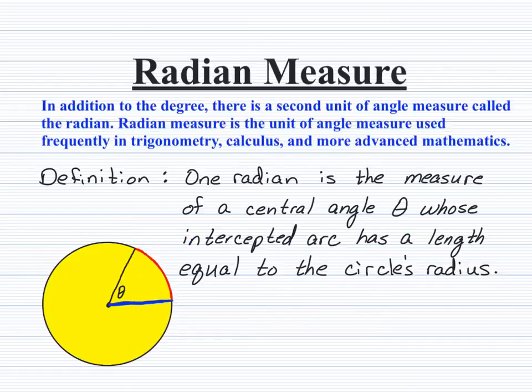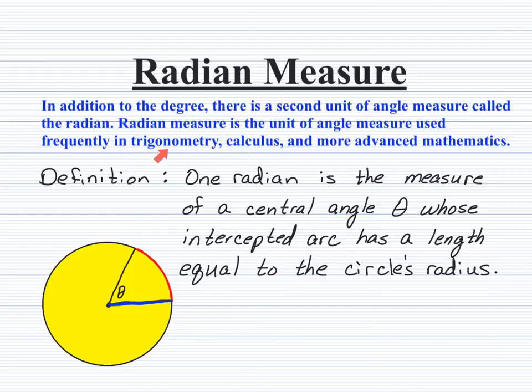All right, so in addition to the degree, there is a second unit of angle measurement called the radian. Radian measure is a unit of angle measure used frequently in trigonometry, calculus, and more advanced mathematics. And in all honesty, most of the time you will be using radians from here on out, especially in pre-cal and calculus.